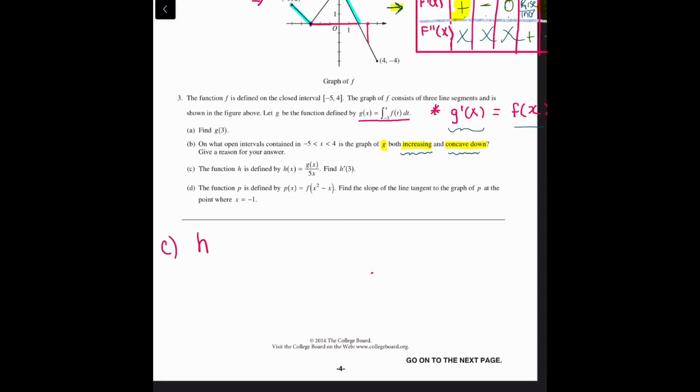So part C, h prime of x is equal to the bottom times the derivative of the top, minus the top times the derivative of the bottom, which is just 5, all over bottom squared.